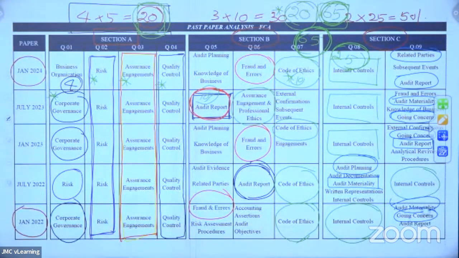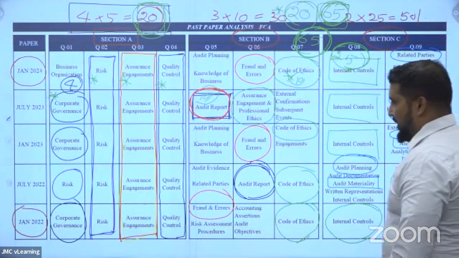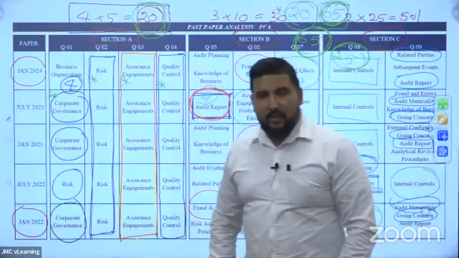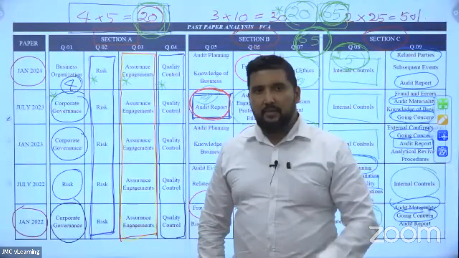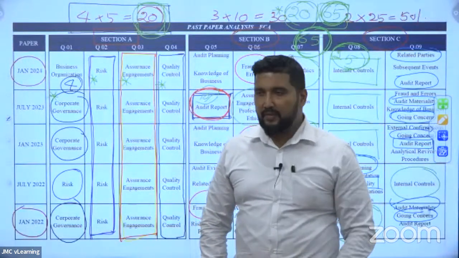Okay, so there are a few. In that context, what I can request the vLearning students is to talk to the physical students who came to the class, because, for example, we have done almost 5 papers there and we have discussed a model paper. As of now, we have completed 6 papers for both Sinhala medium and English medium, since I'm conducting both mediums.